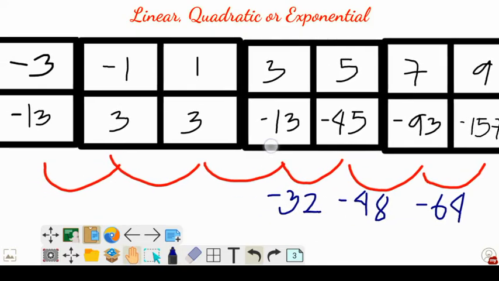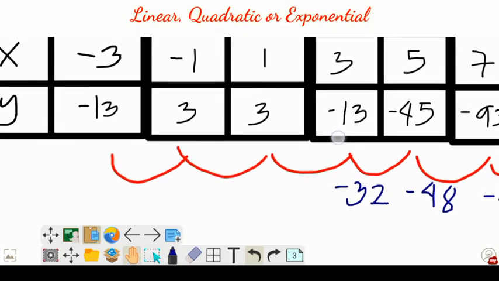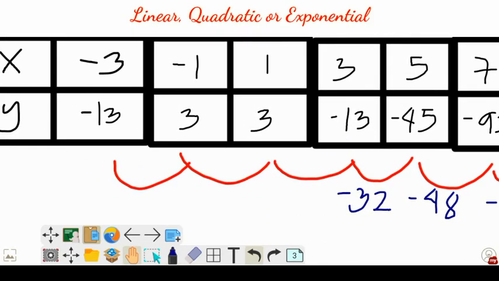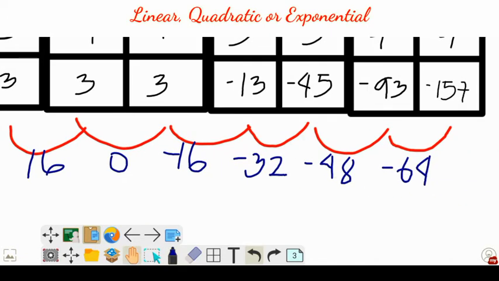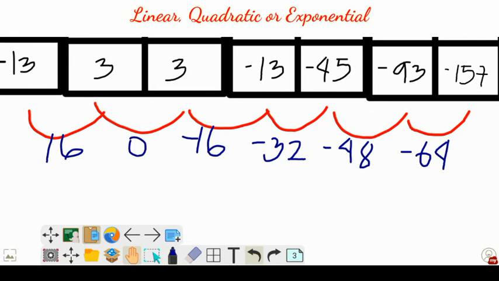And then next, negative 13 minus 13 is equivalent to negative 16. And then 3 minus 3, of course, 0. So 3 minus negative 13 is equivalent to positive 16. So yan po yung first differences ng ating y.